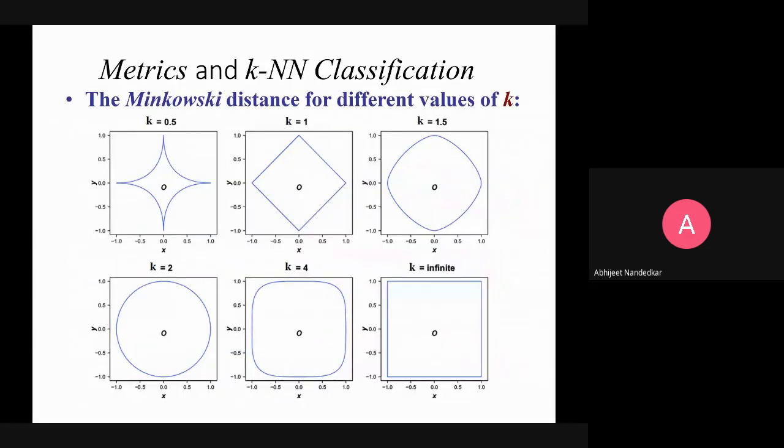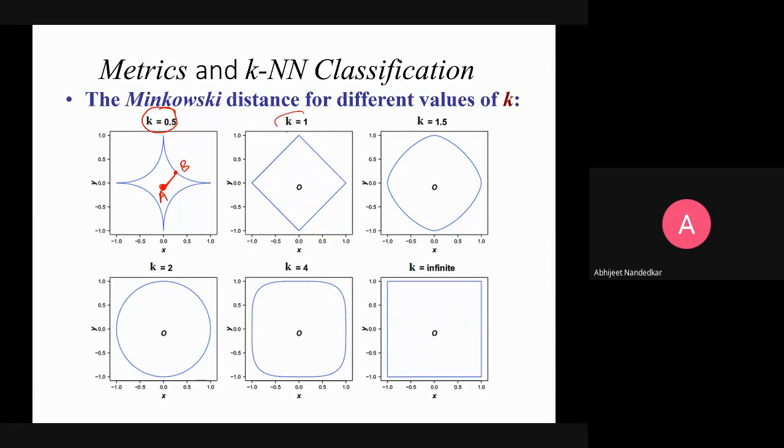Now for various values of k, if you plot this, so this is your point, suppose A, and on this curve you take another point B, and you measure the distance between them with k equal to 0.5. So this is a unit distance between 2 points with k equal to 0.5.